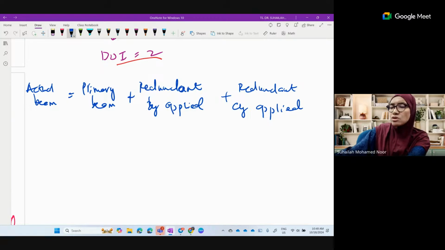The diagram follows this equation. This is the principle of superposition.